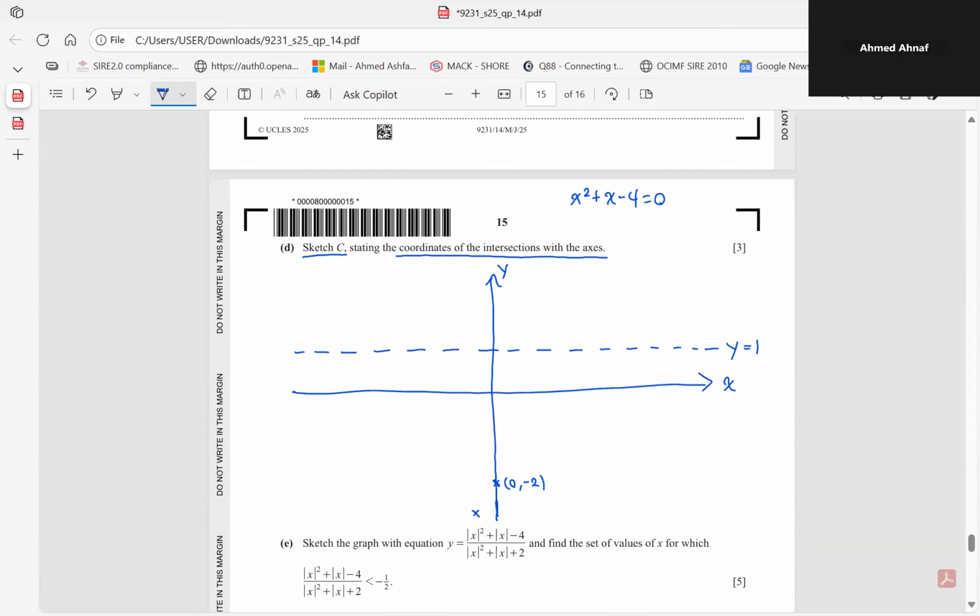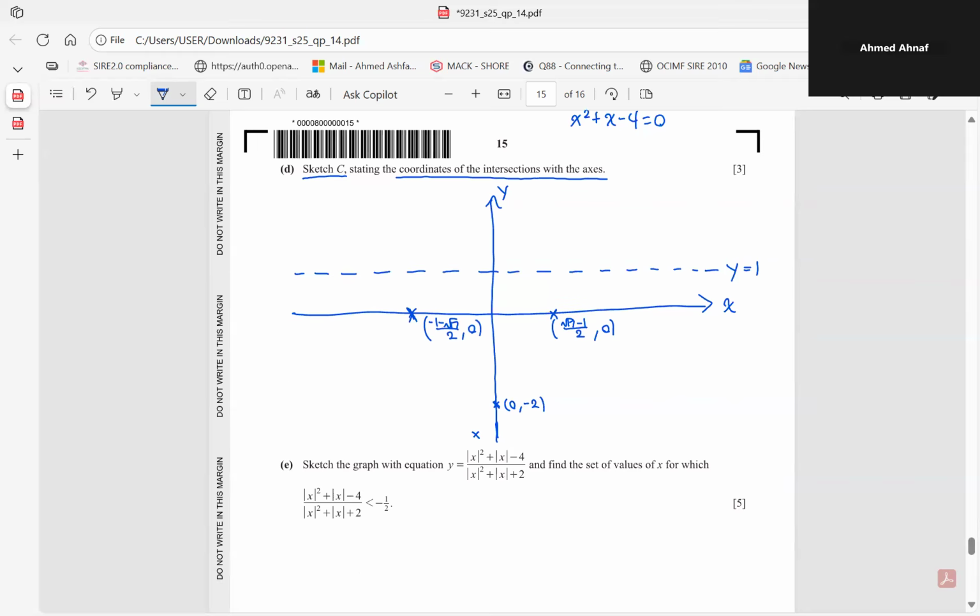So that is somewhere here. This is square root of 17 minus 1 over 2, 0. And then the other coordinate is further down. So label that as well. That is minus 1 minus square root of 17 over 2, 0.